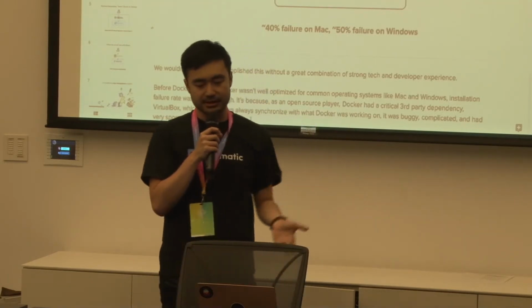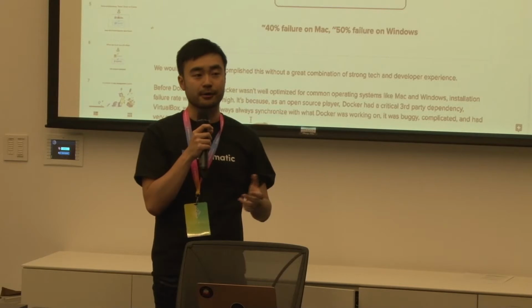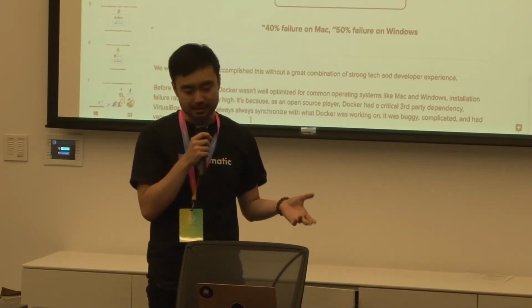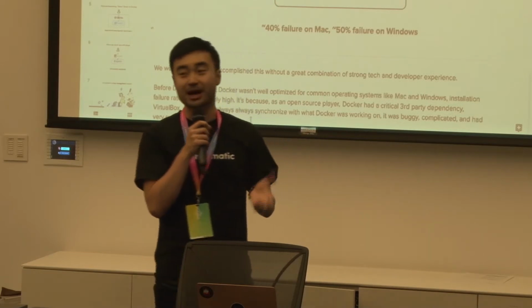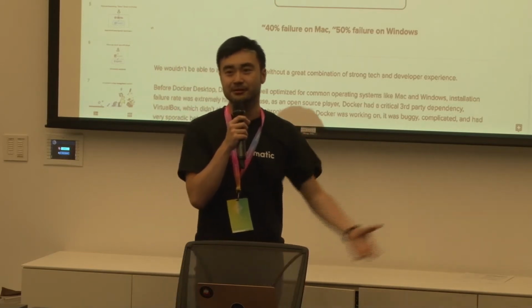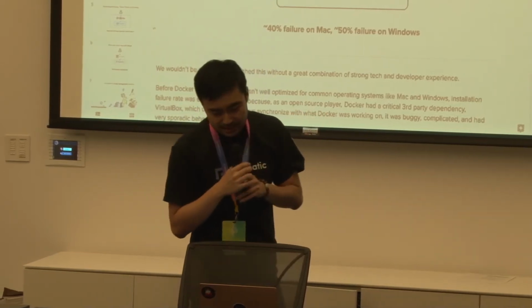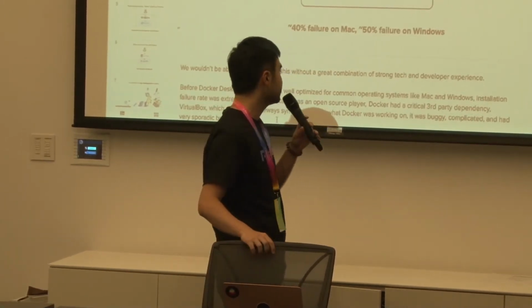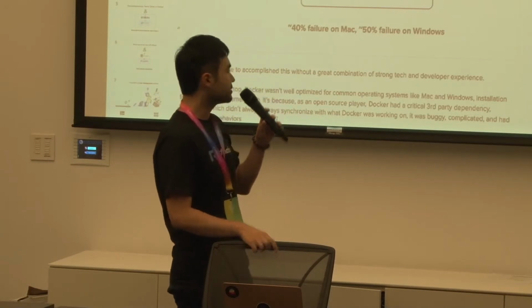So before Docker Desktop, Docker wasn't optimized for the desktop, right? For common operating systems like Mac and Windows, there was a really high installation failure rate, which resulted in a lot of drop-offs. It was buggy, it was complicated, it had very sporadic behaviors because it integrated with a third-party tool called VirtualBox.